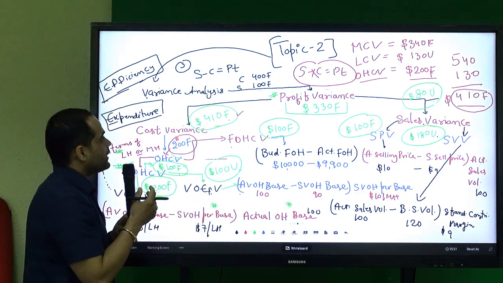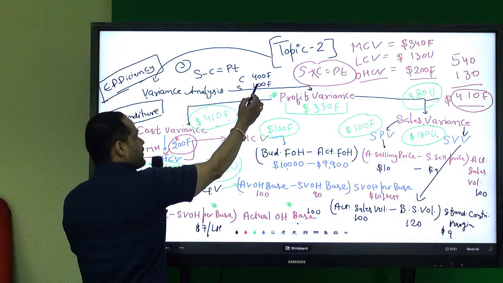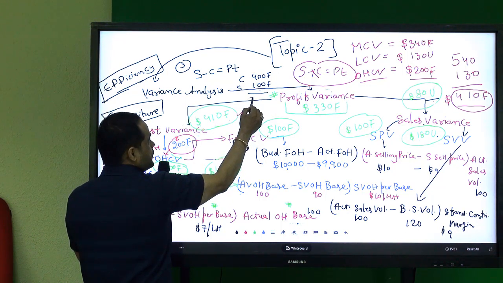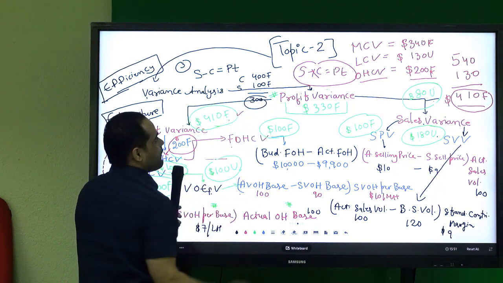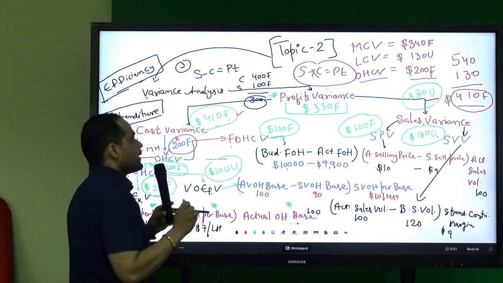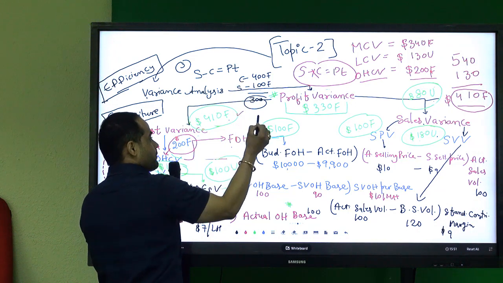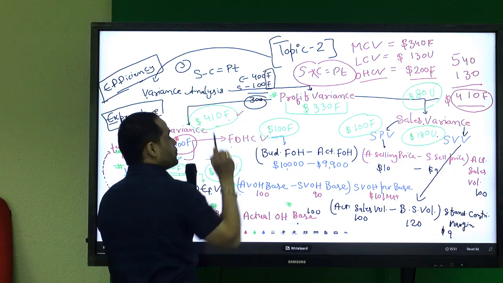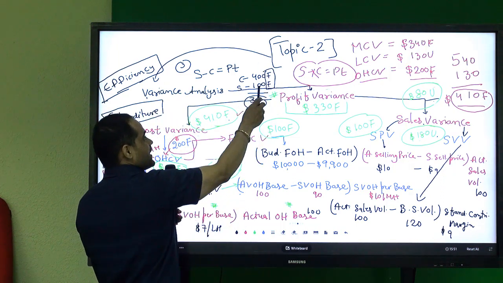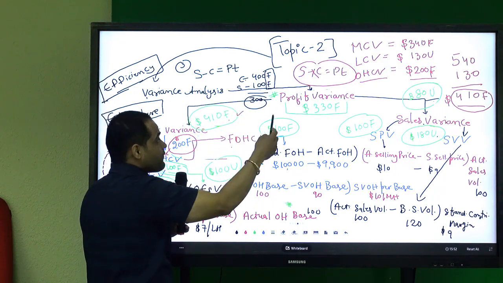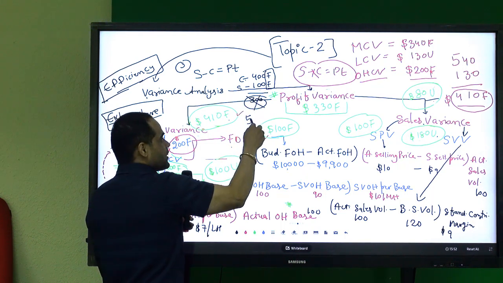So when they calculate profit variance, they do 400 minus 100, which is 300, and they call 300 the profit variance, but they are wrong. Keep in mind, even though it's a sales number and a cost number, when you subtract or add, you focus more on F and U. So let's say my sales variance is 100 F, my cost variance is 400 F, so my profit variance is 500 F.